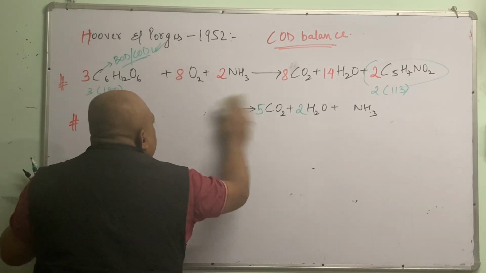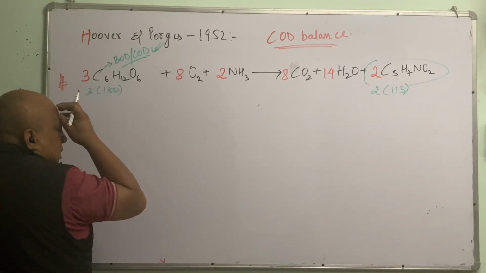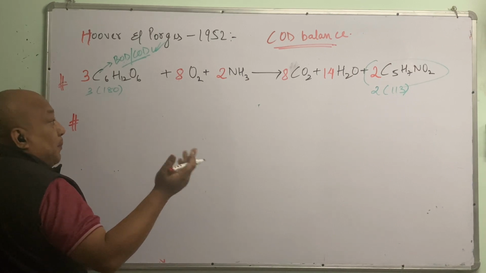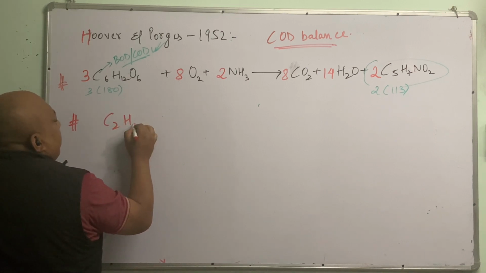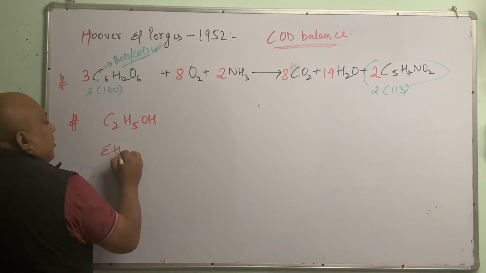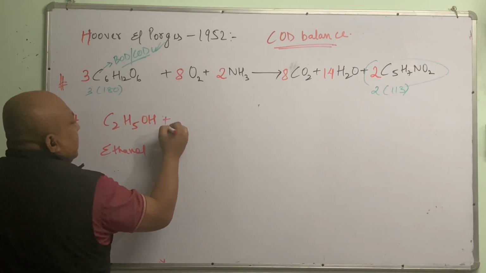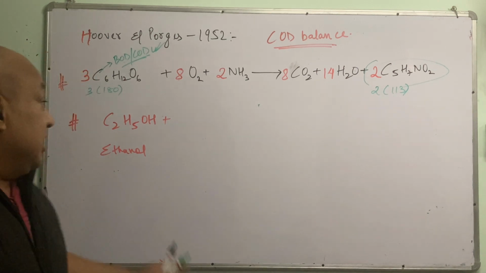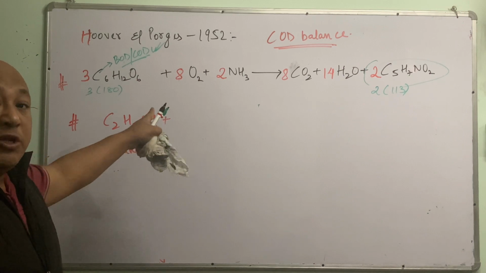If you want to find the COD equivalent of any chemical, say for example, ethanol, the purest form of alcohol, that is C2H5OH. This is ethanol, correct? In case you want the microbes to eat the ethanol, how much oxygen is required, or what is the equivalent COD of this?